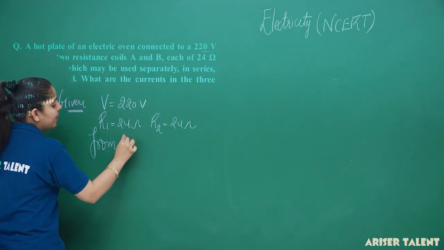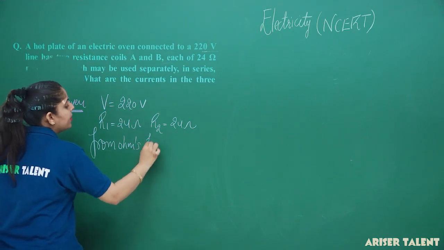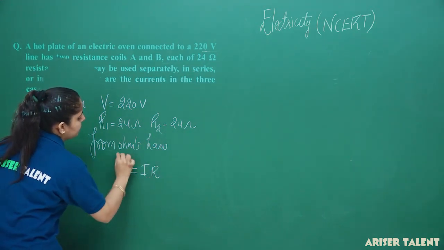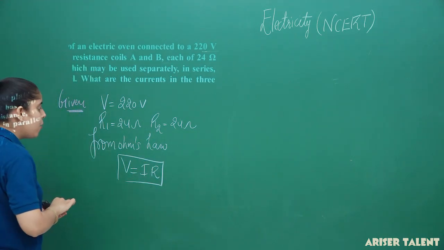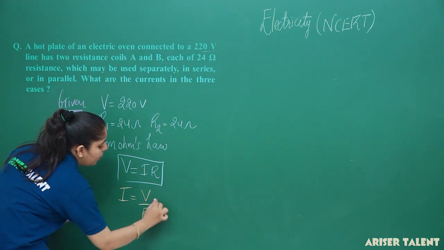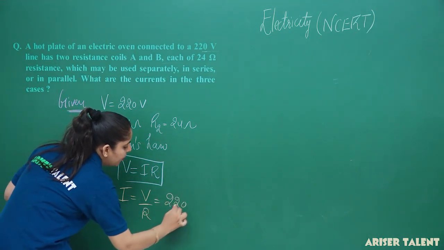You can see here how important Ohm's law is in this case. Ohm's law is V equal to IR. If I want to determine the current, I get I equal to V upon R, that is 220 upon 24.